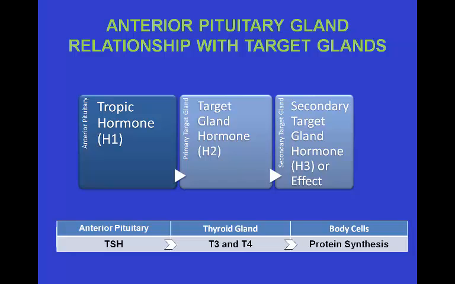That hormone travels through the blood to the target gland, in this case the thyroid gland, causing it to release its hormones, T3 and T4, which would be H2 in this instance. T3 and T4 travel through the blood to the secondary target cell, which specifically in this particular instance is going to cause cells of the body to increase the manufacture of proteins. So the word synthesis means to manufacture.